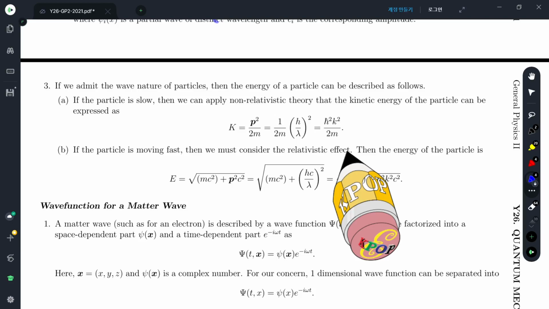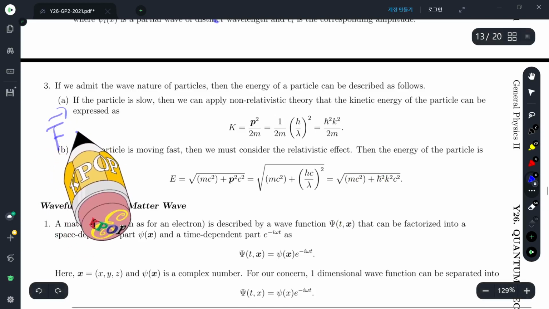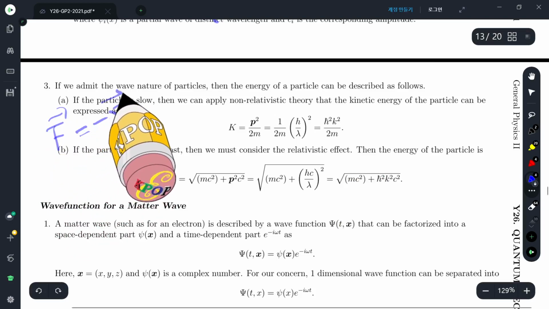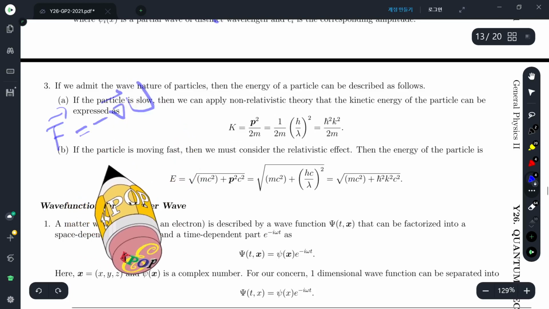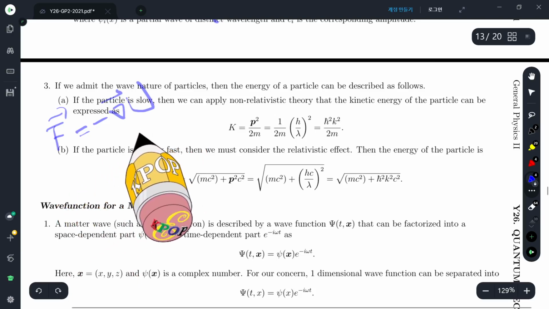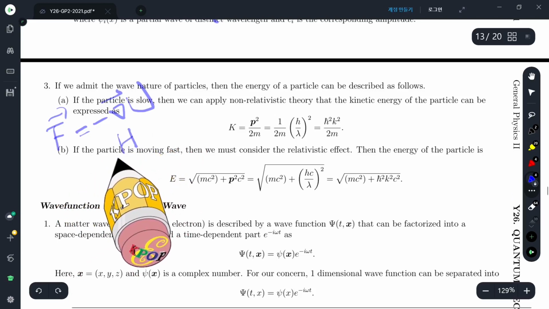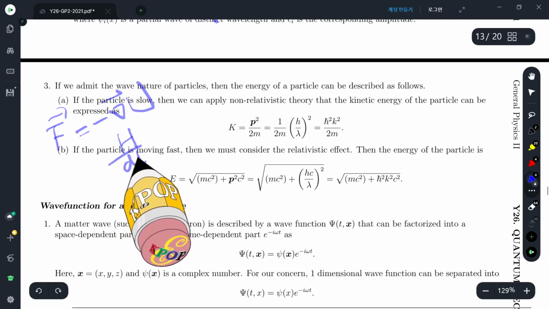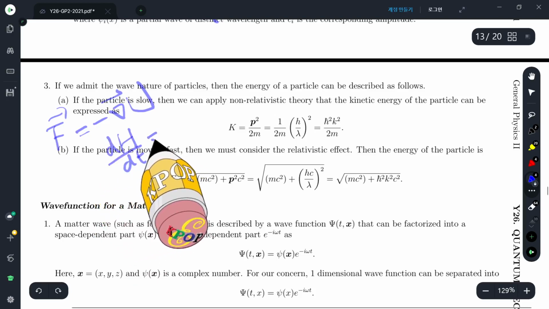That means the force is conservative, and a conservative force is always expressible as minus the gradient of potential energy. In that case, we have the Hamiltonian, the total mechanical energy, which is conserved.